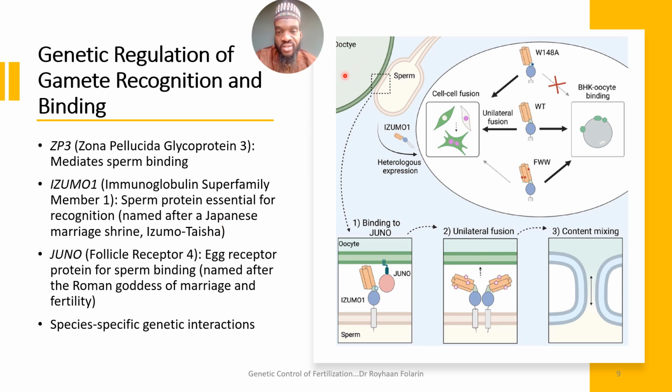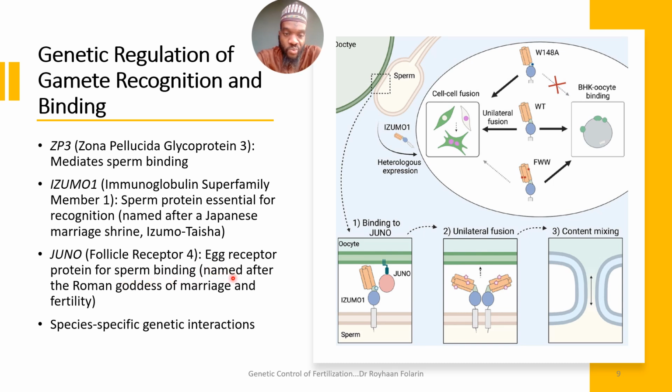So here is an egg, and here is a sperm, right? For that recognition to happen, this place was magnified, and the magnification of it is what you are seeing here. So here is still the oocyte, and this is the sperm. On the sperm you have the protein known as Izumo, and on the egg you have Juno. Juno, by the way, is folate receptor 4, and Juno is also not an English word. It's an egg receptor protein for sperm binding.